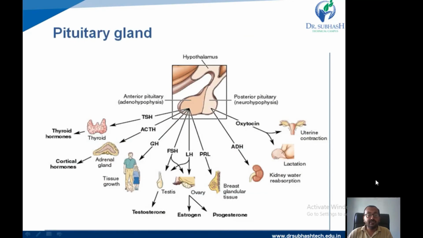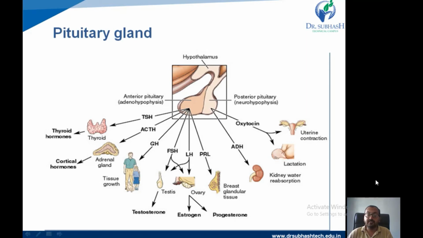Now we can see the individual hormones released from the anterior lobe and posterior lobe. From the anterior lobe, first is thyroid stimulating hormone, which acts on the thyroid gland, which releases thyroid hormones.